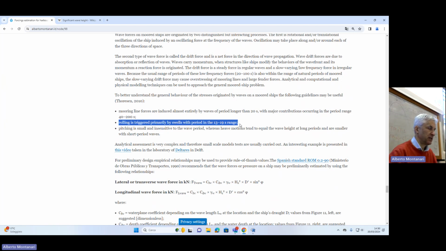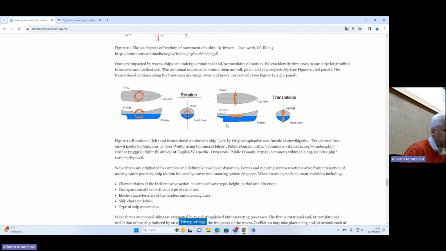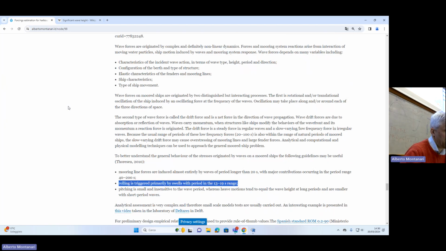This may be the case of surge. Surge means, sorry, not surge, pitching and also surge in terms of translational movement. These movements along the longitudinal axis, rotation around the transversal axis, are slower with respect to roll, that is expected to be a bit more frequent, okay?